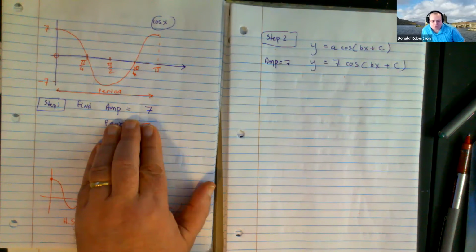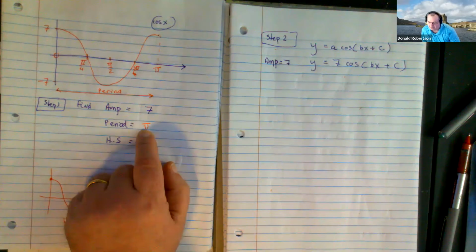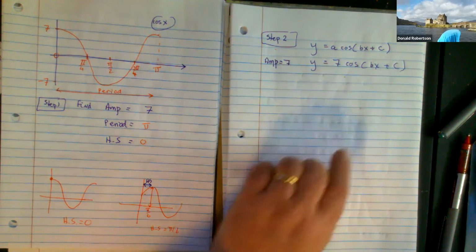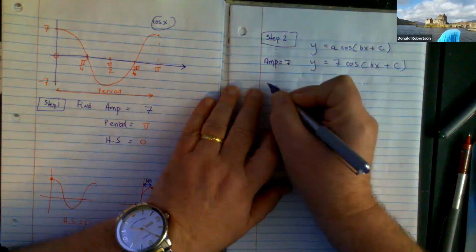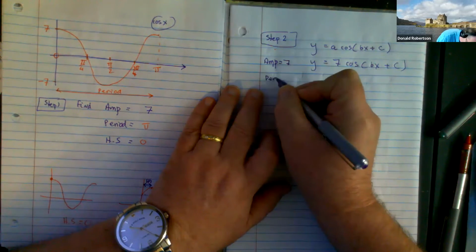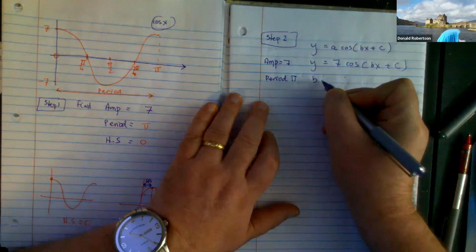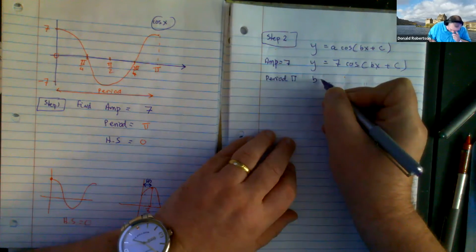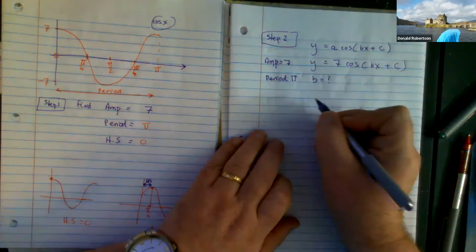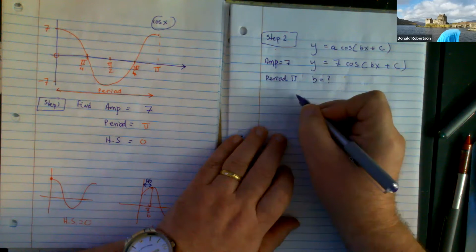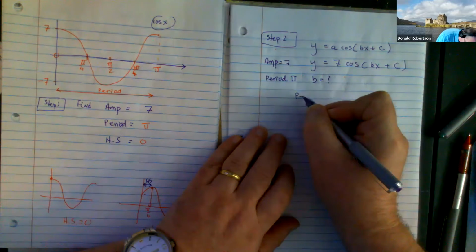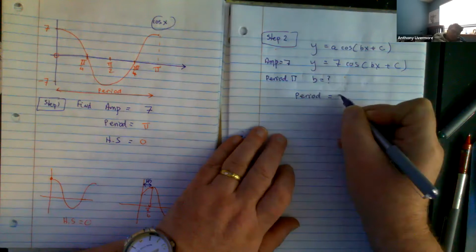Now, I know the period is pi, but I need to know what b is, right? So that's going to be a little bit trickier. The period is pi, and I'm trying to find b, right? Can you remember the formula that we used to calculate the period? Wasn't it 2 pi over b?